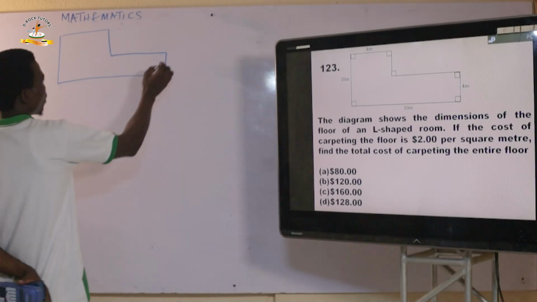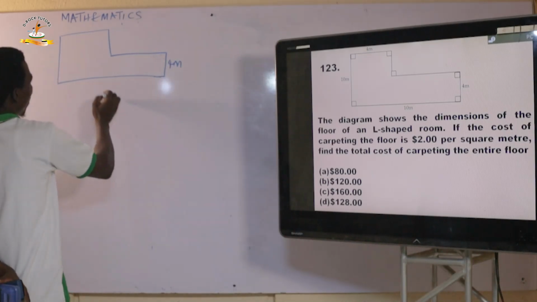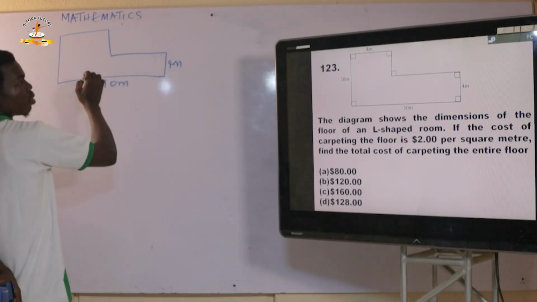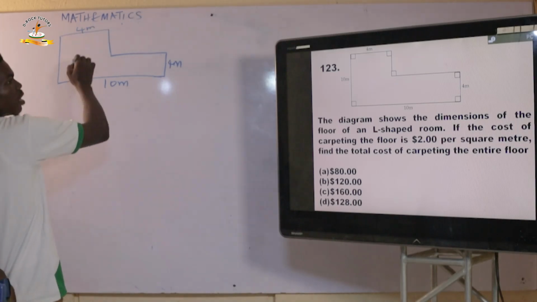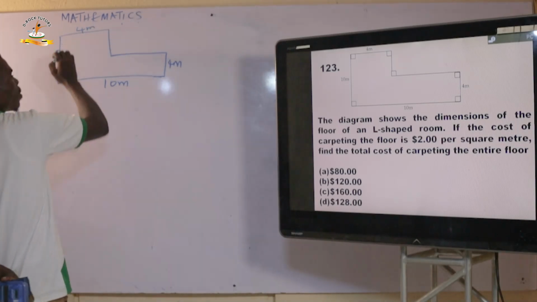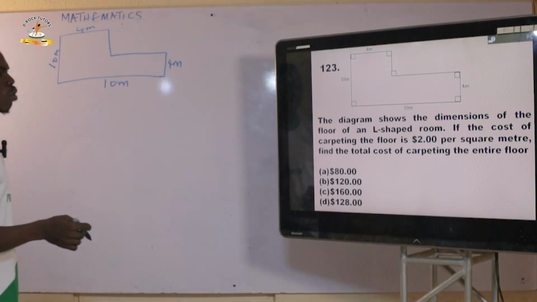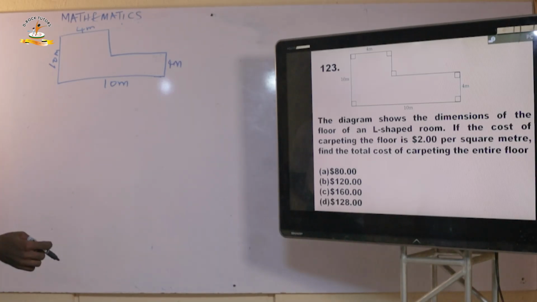So we have 4 meters here, 10 meters here, 4 meters here, and 10 meters here. The diagram shows the dimensions of the floor of an L-shaped room.